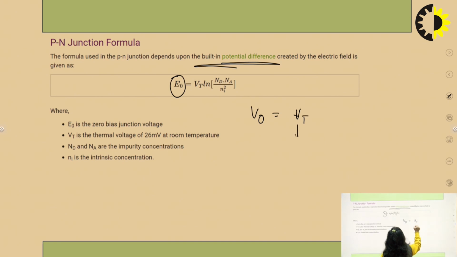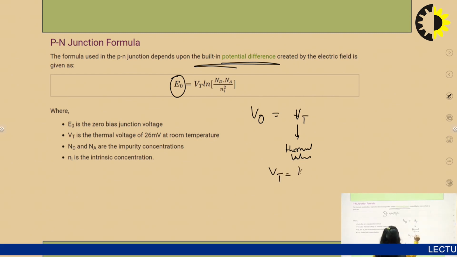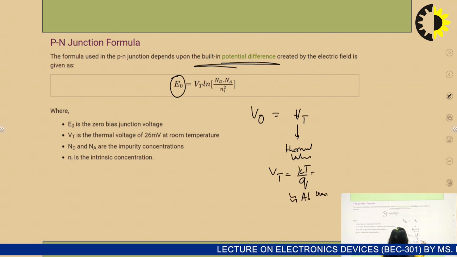Vt is the thermal voltage. Vt is equal to kT by q, and its value at room temperature is 26 millivolt.